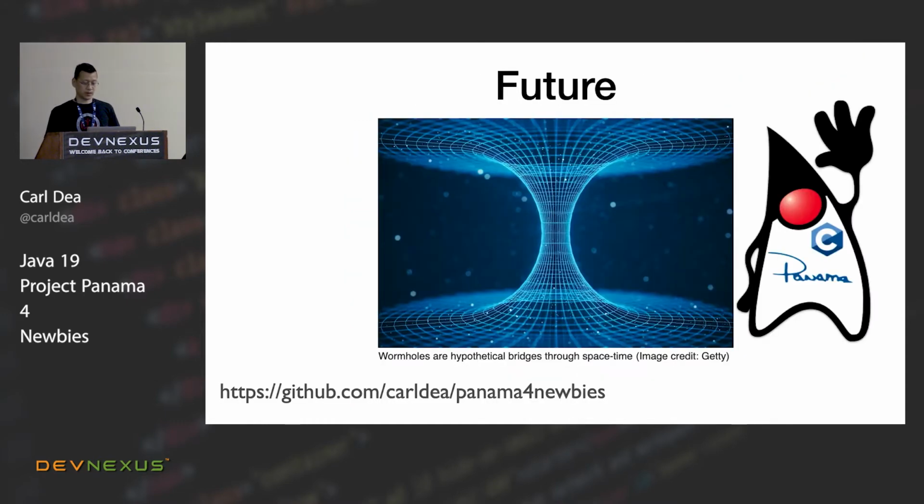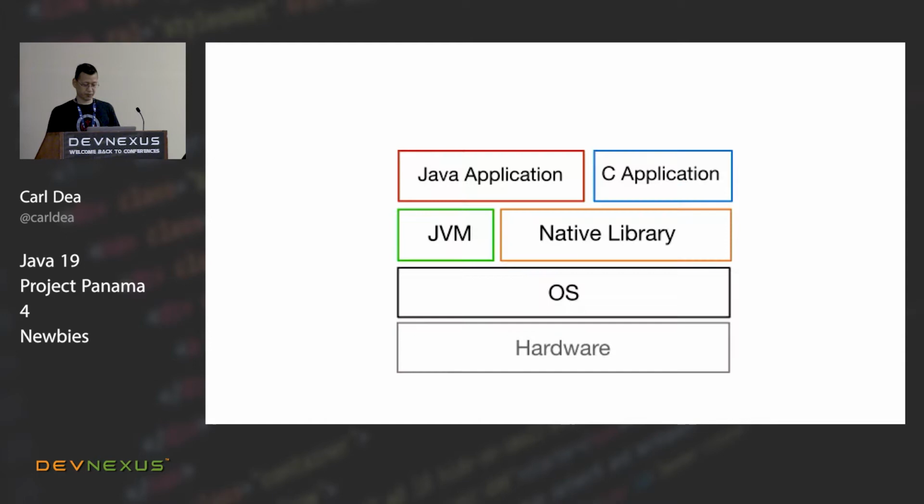So the future is now, and Project Panama does that for you. This is a picture of what Panama would look like: a Java application in the Java runtime could talk to the native layer, and in blue you see a C application also sharing that library.